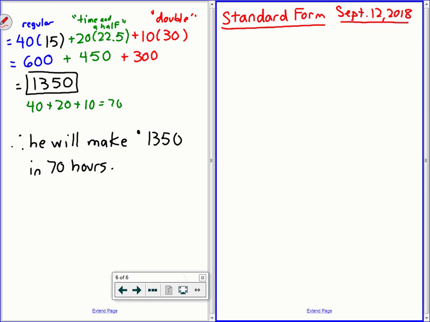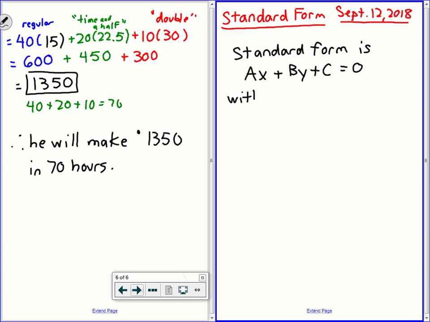Standard form. Okay, so standard form is a, b, and c.